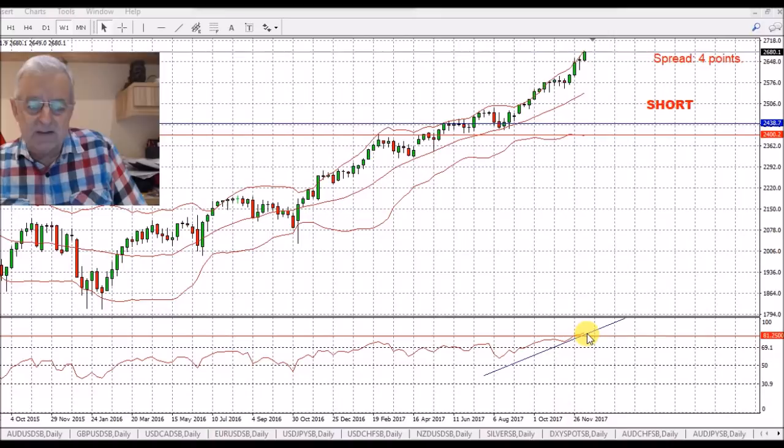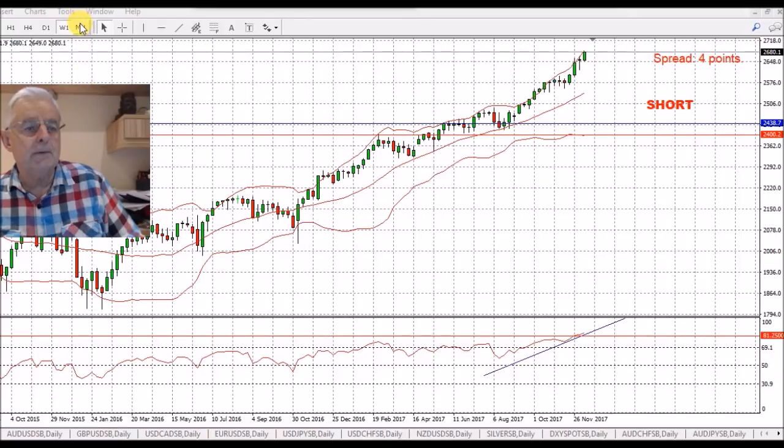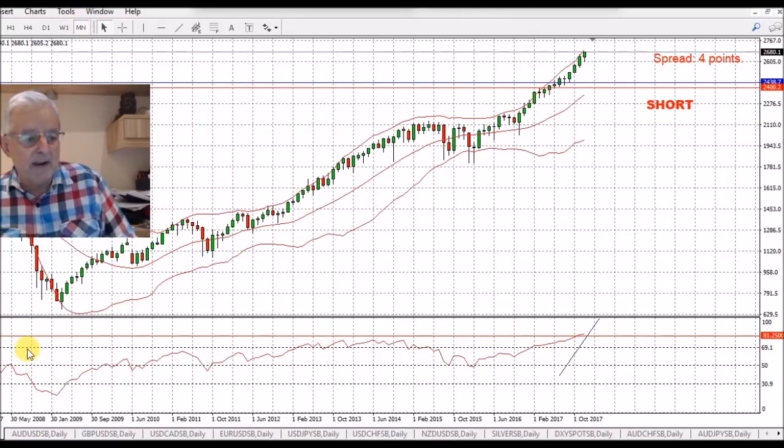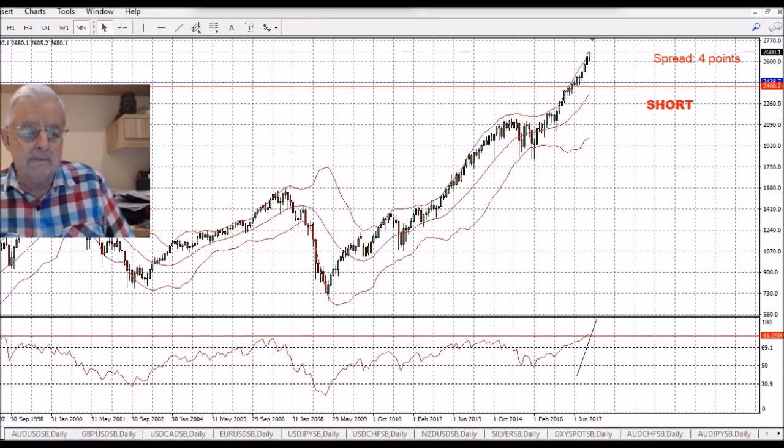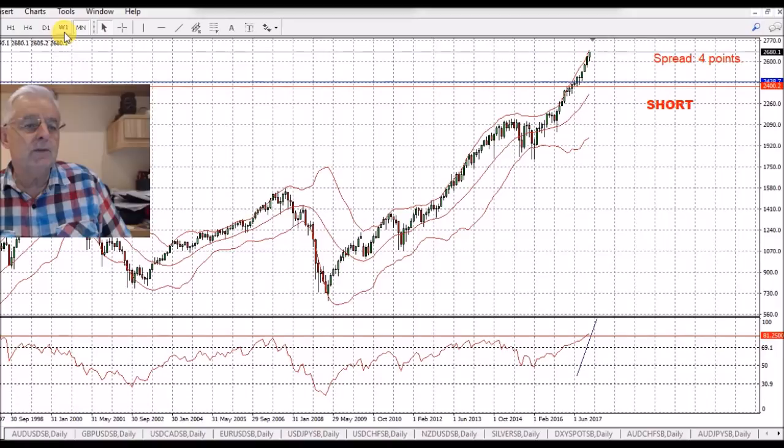Above recent highs on the RSI, and as well, if you put it on the monthly chart, even if you go back, you can't quite see it at the end of the screen, but there we go. These are recent monthly highs. It's gone above that, and I am expecting it to give a bit of a turn back down. So that's what I'm waiting for on that.